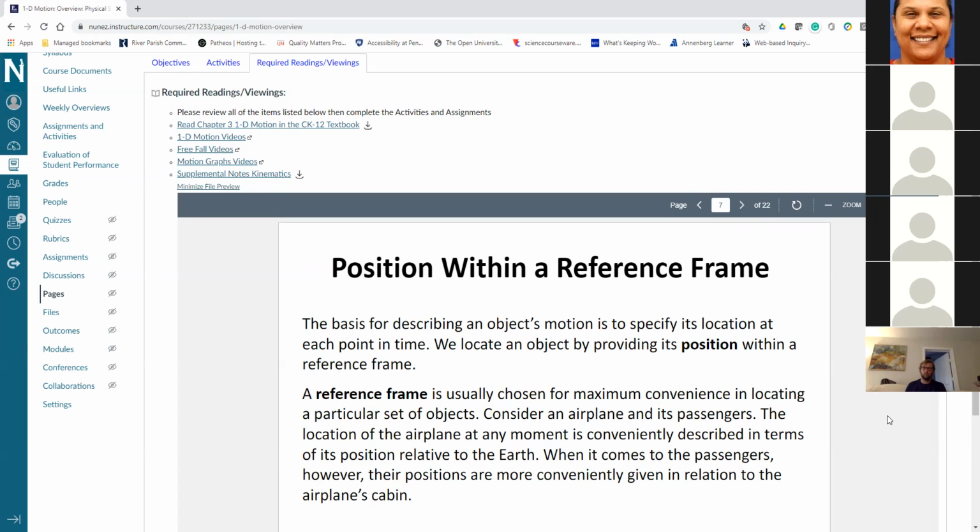Okay. So let me try to give you an example beyond what's given here to help you understand this concept of reference frame. So if I ask the question, okay, you're sitting at home, you're sitting in front of your computer, or you're sitting on the couch with your iPad and following along. If I asked you, hey, is your computer moving, or your iPad, is it moving?